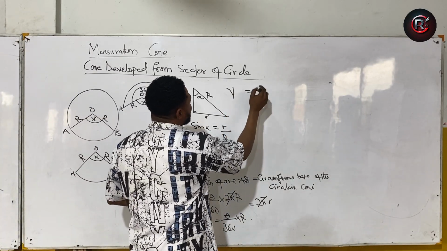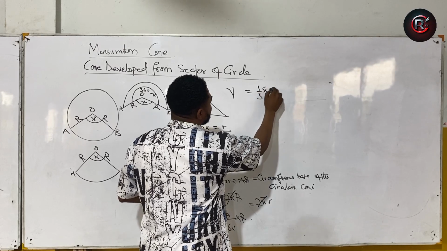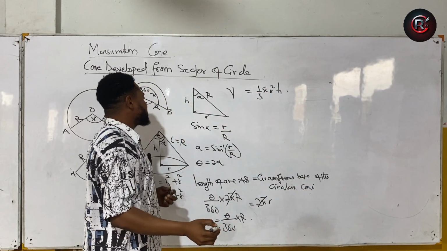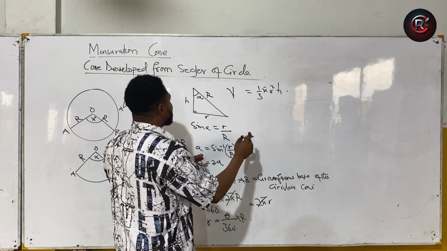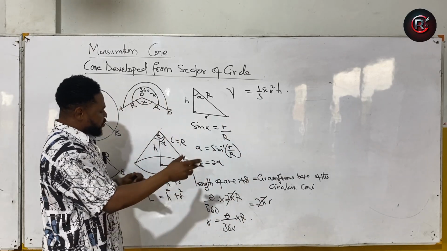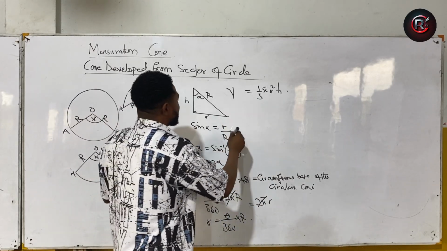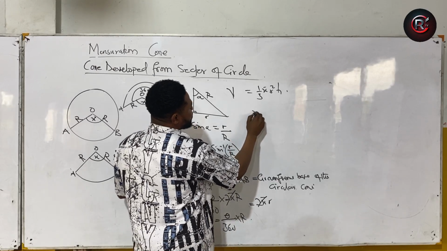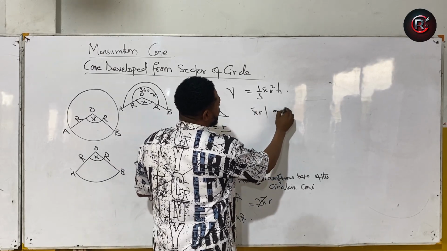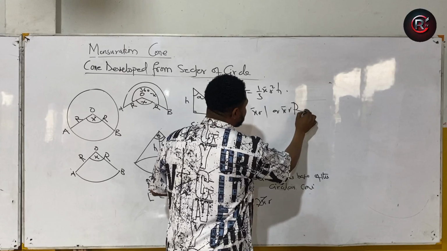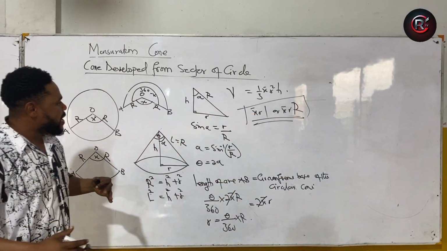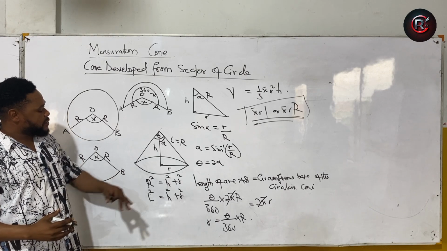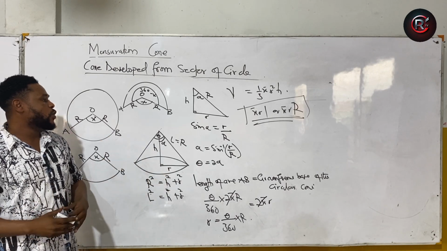Then the volume of the cone will be given as 1/3 pi r squared h, as we studied. And the last one is that the total surface area of the cone will be equal to the curved surface area of the cone. So we can also use pi r l or pi r big R to find the total surface area or the curved surface area, because this cone form is a hollow cone.